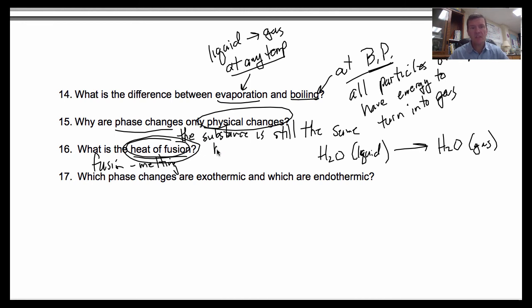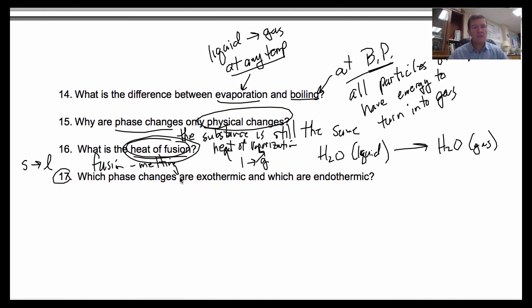Okay, there's also heat of vaporization. That would simply be the heat that you need to vaporize something, to turn it from a liquid to a gas. So heat of fusion is to go from solid to a liquid. Heat of vaporization, liquid to a gas.